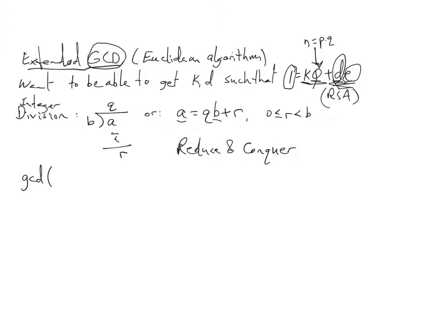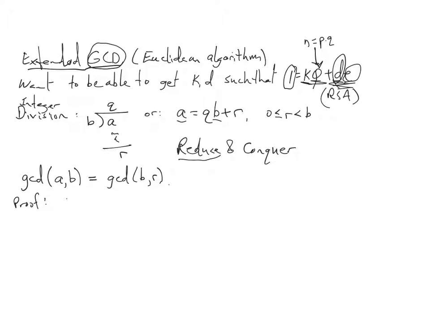Reduce and conquer, typically you just whittle the problem down a little bit on each recursive step. But it turns out to be enough here. So the key reduce and conquer idea is that the GCD of A and B is equal to the GCD of B and R. And we'll prove that as follows.